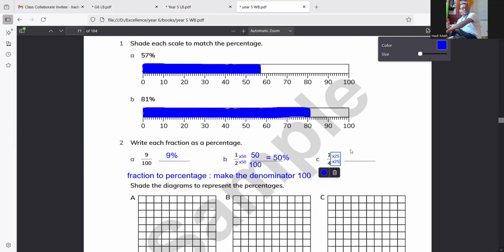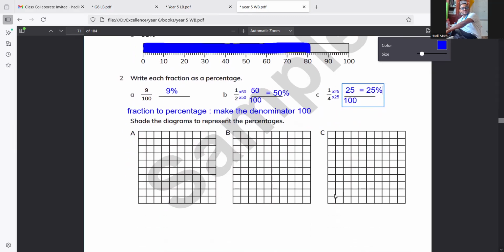When you multiply by 25 up and down, you will get 25 over 100. Then this 25 over 100, to make it a percentage, equals 25%. Put this in your consideration. Let's go to the question after.